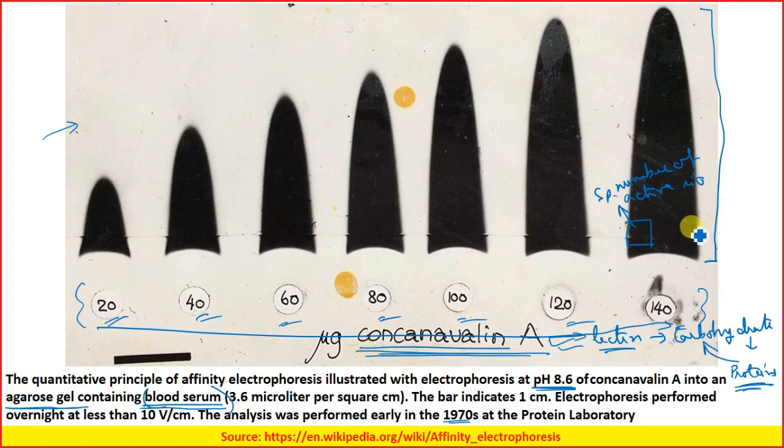Once they are saturated, the next portion will get saturated, then the other portion, then the other portion. So the higher the concentration of the analyte, the longer the distance covered by the analyte within the affinity electrophoresis. I hope I have been able to make you understand this.